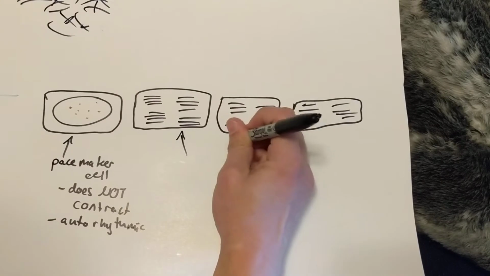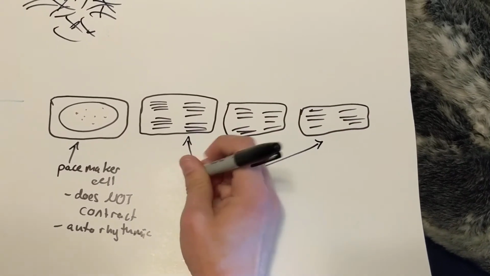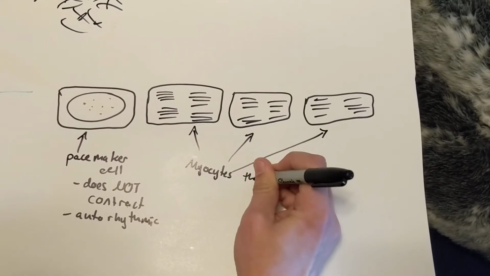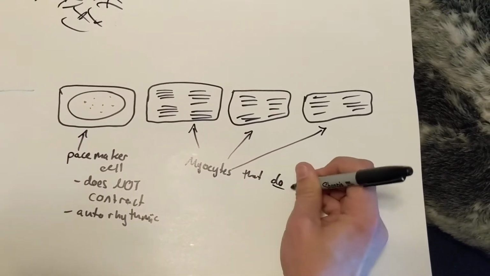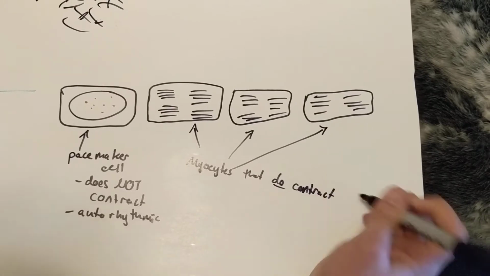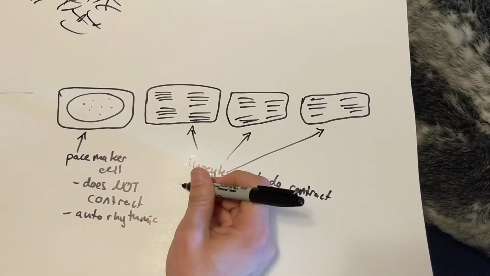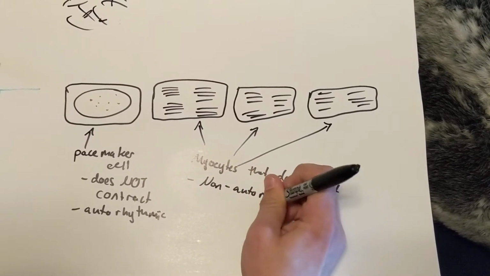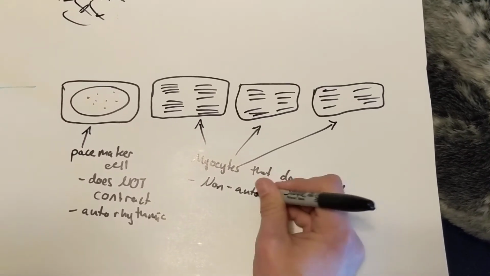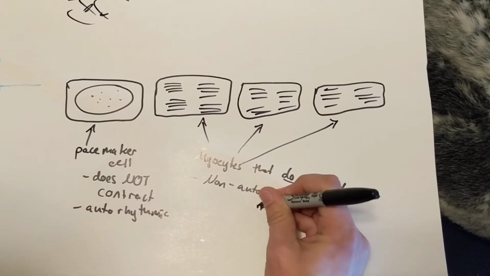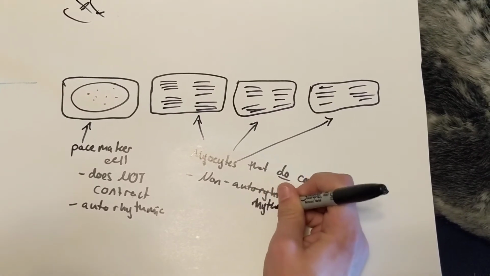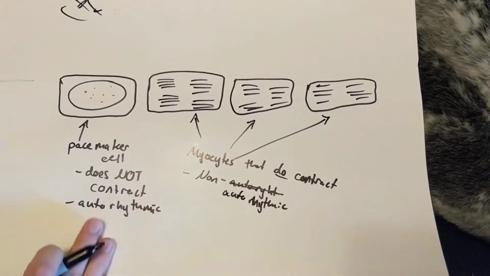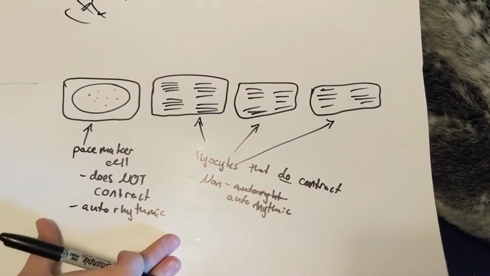These are myocytes that do contract, and these are non-autorhythmic, because they take their energy from the pacemaker cells.